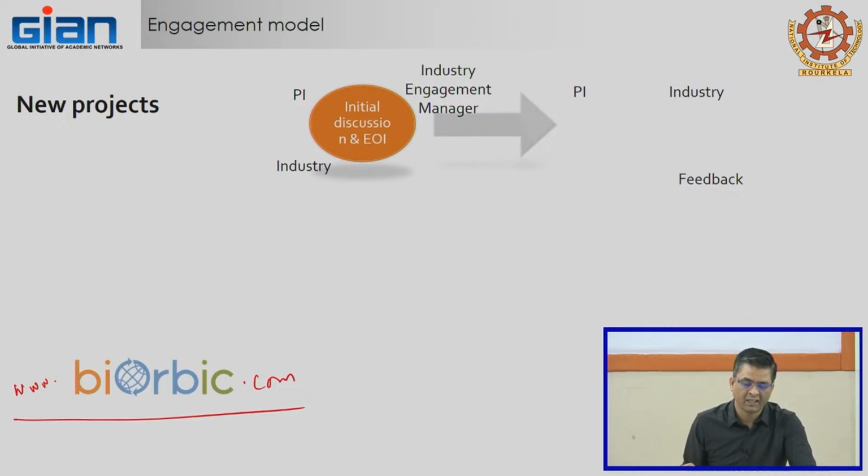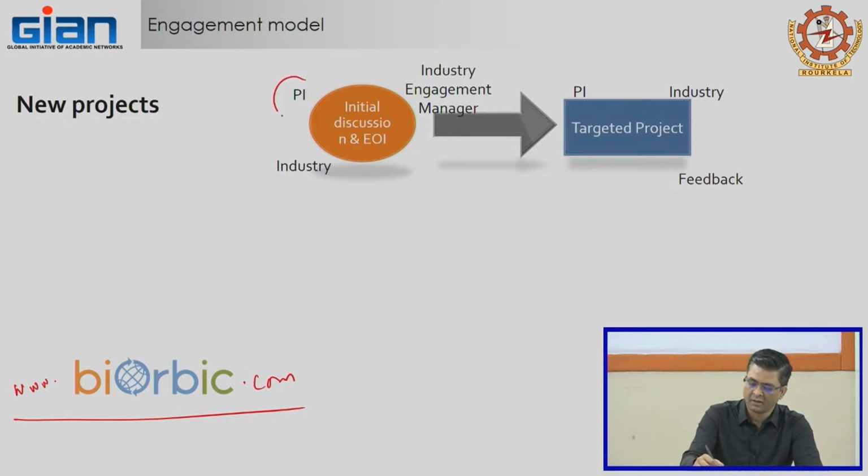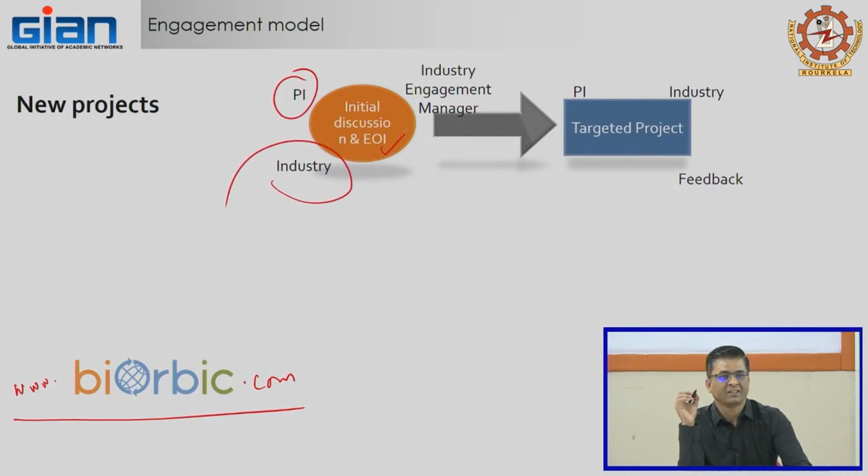So if you see any new project that is started, the principal investigator and industry discuss what is required, and an EOI. What does EOI stand for? Expression of interest. Industry says, this is the problem.